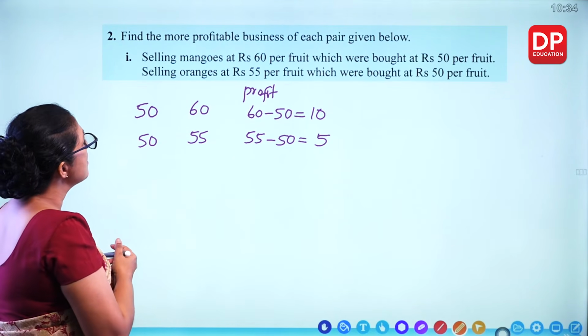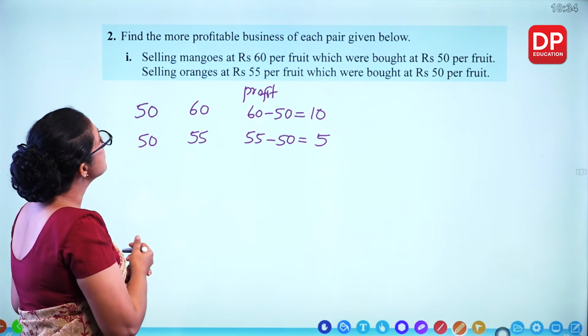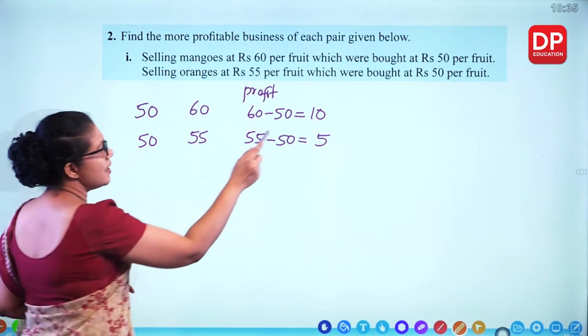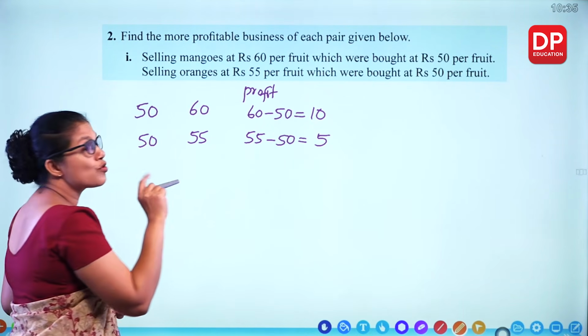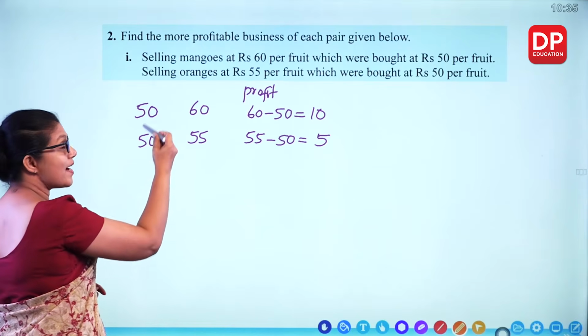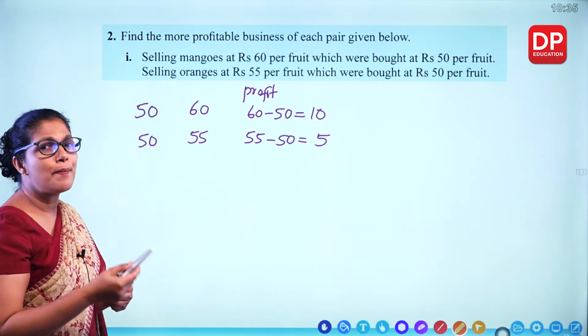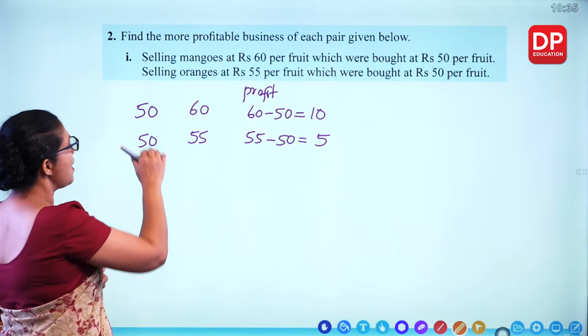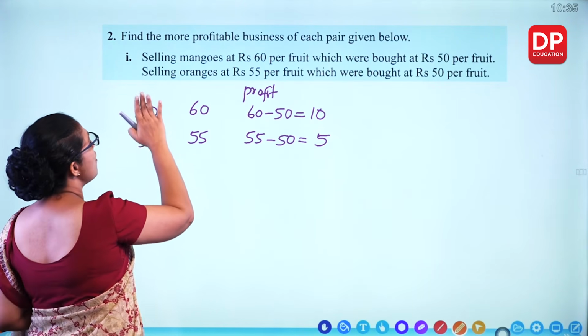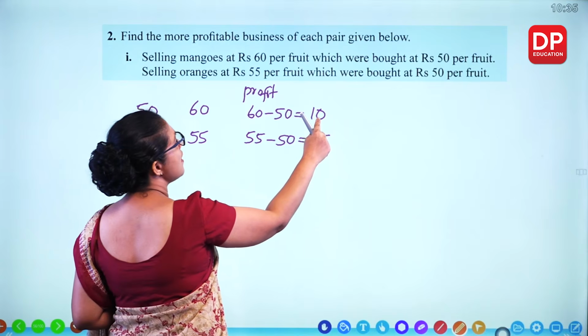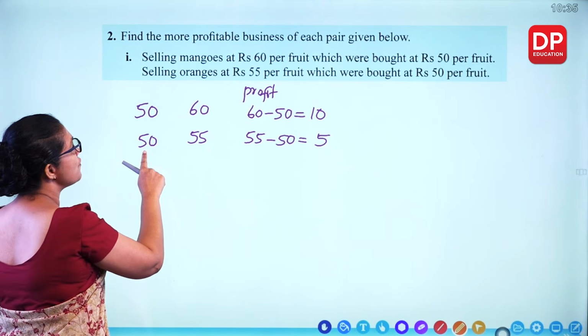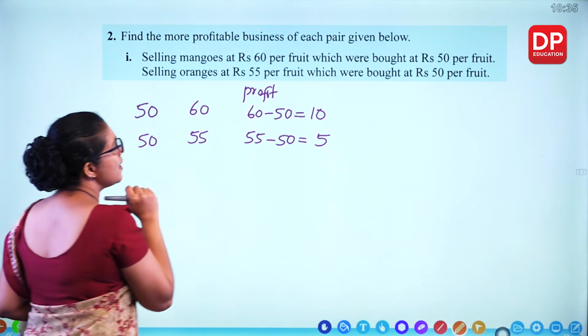So they are asking which business is more profitable. Here you can judge from these two values because the buying prices are the same. If this is not the same, you have to calculate the percentage values. But buying prices are the same for 50 rupees, 10 rupee profit, and for 50 rupees that's 5 rupee profit.